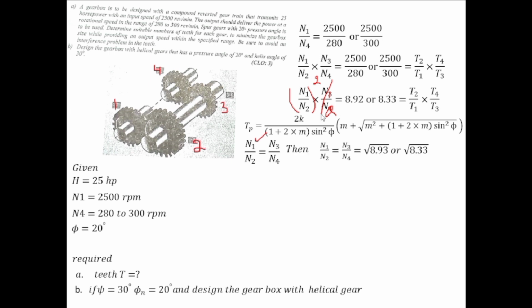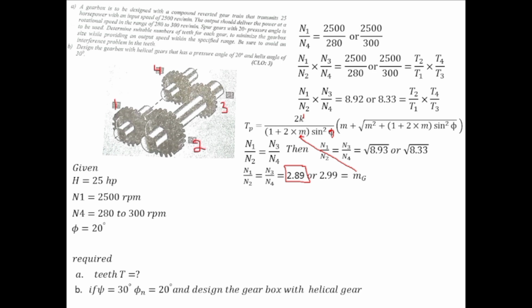So we will get n1 divided by n2 equals n3 divided by n4, that will be equal to under root 8.93 or under root 8.33, which will give us 2.89 or 2.99. So this is the ratio mg. As I told you, this mg in this formula is represented by m, so put m equal to 2.89 over here and k equal to 1.